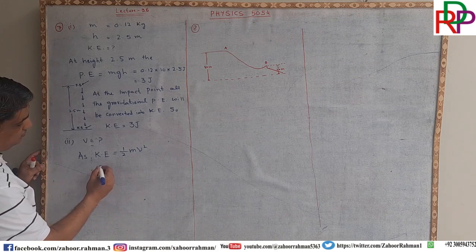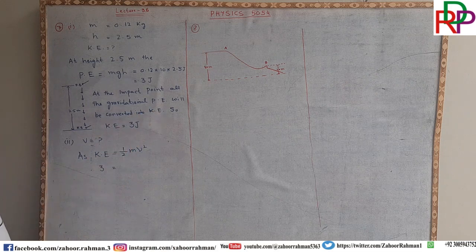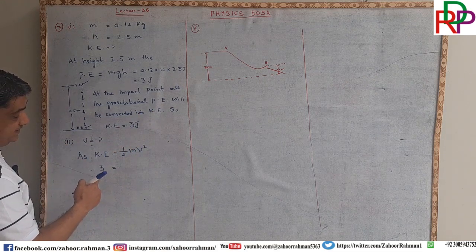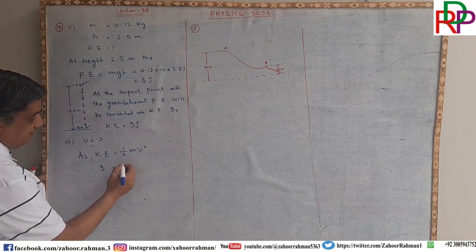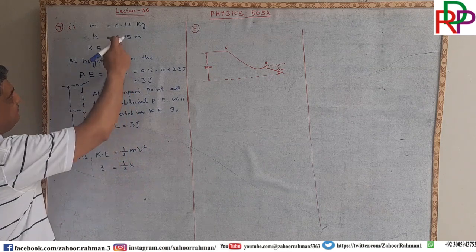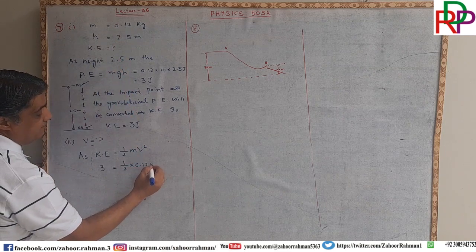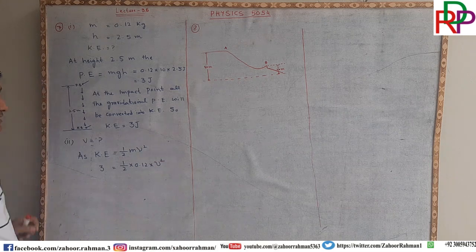So we found kinetic energy is 3 joules. So we wrote instead of this kinetic energy is 3, and m is given as 0.12, and we are finding the velocity. So we will leave it as it is.